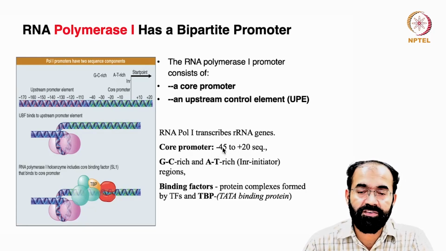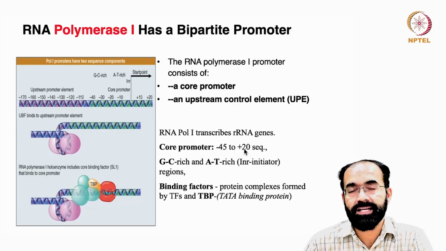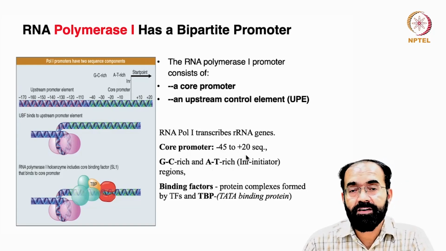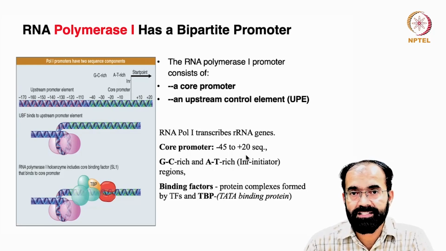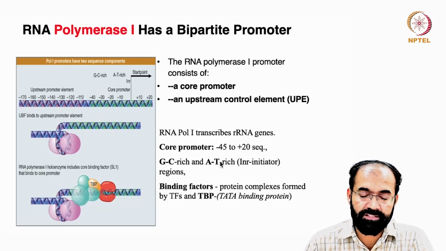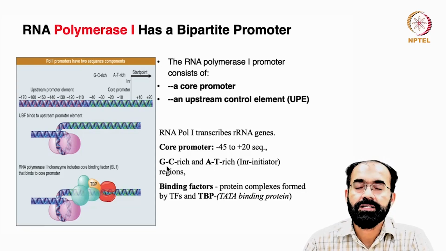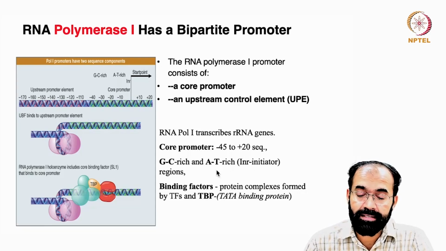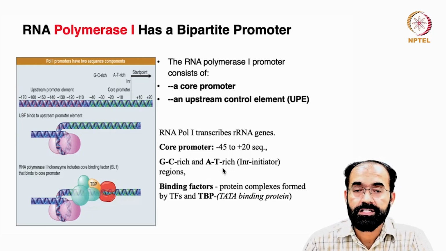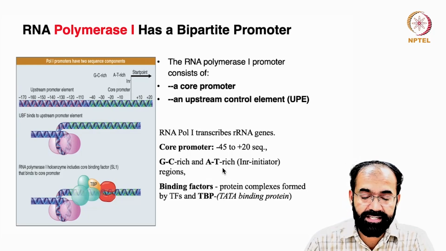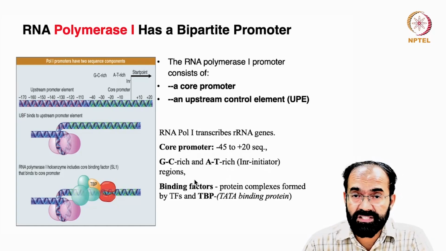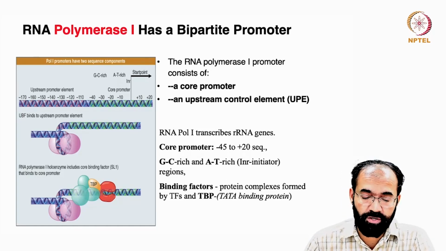and this core promoter consists of -45 till +20. So it is interesting to note that even after +1 the promoter region is expanding in the case of polymerase 1, and it has GC rich and AT rich regions. They also have specific initiator regions, and that allows specificity to these promoters.